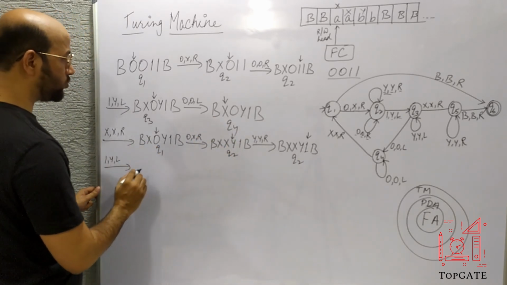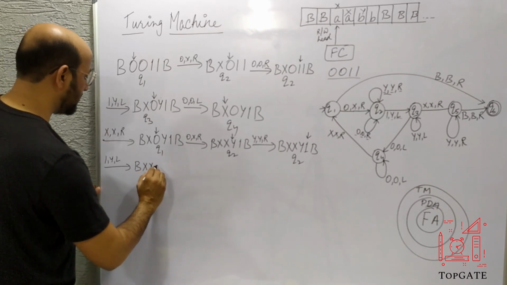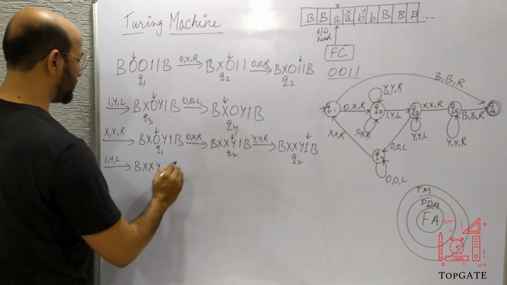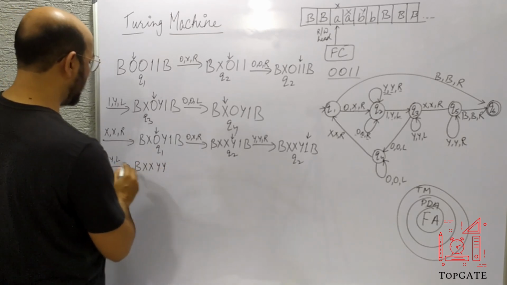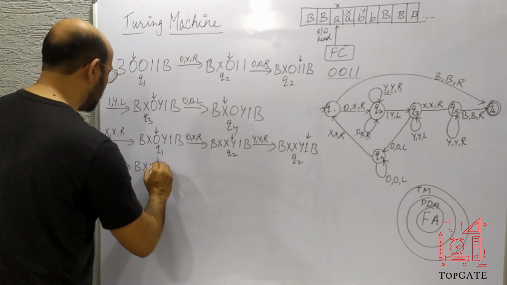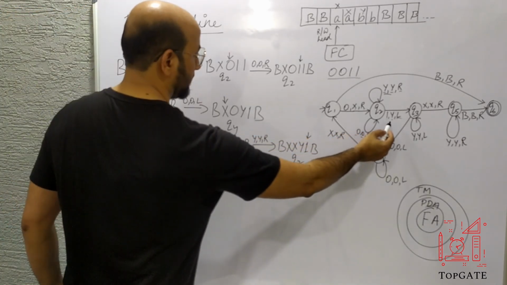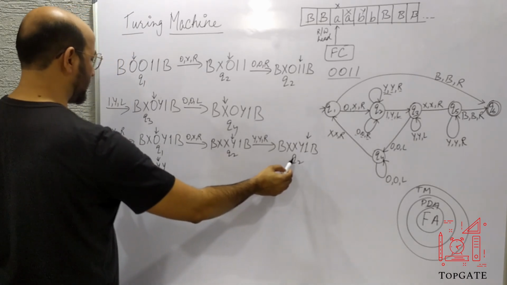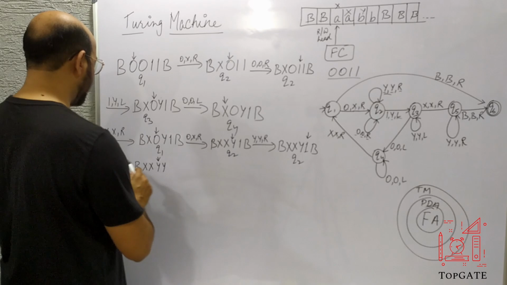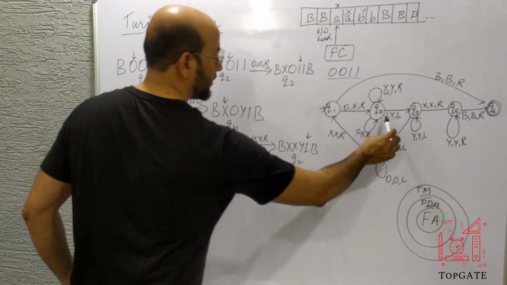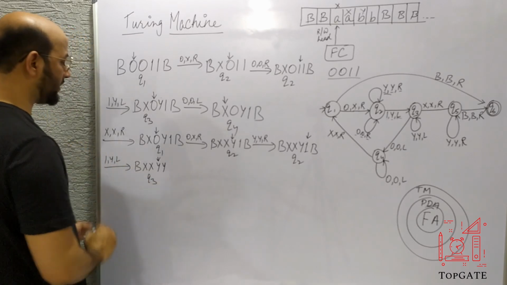So I'll write B X X, then Y, this 1 is changed to Y and move to the left, so now the pointer will move on to this Y. At Q2 input for 1, we are moving to state Q3, this will be our state Q3.